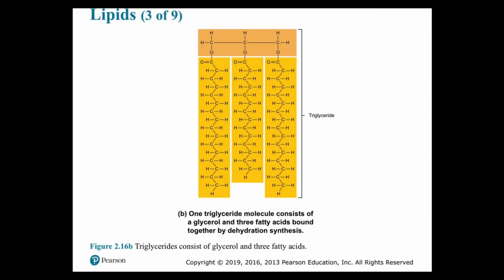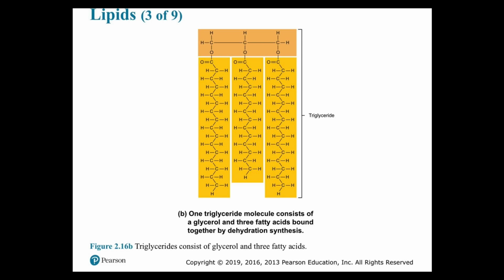In figure 216B, we can see a complete triglyceride molecule, which consists of 3 fatty acid chains and 1 glycerol, and there are the three covalent bonds formed between the fatty acids and the glycerol molecule.